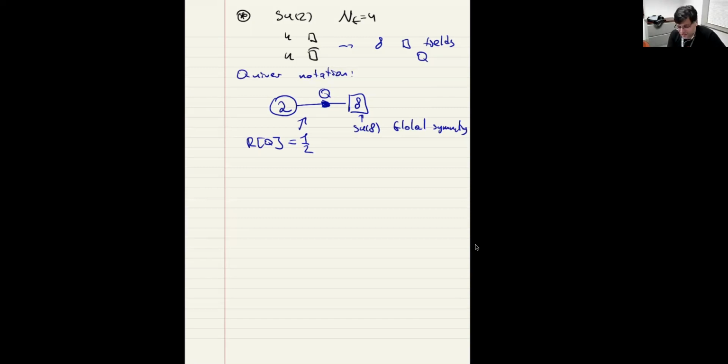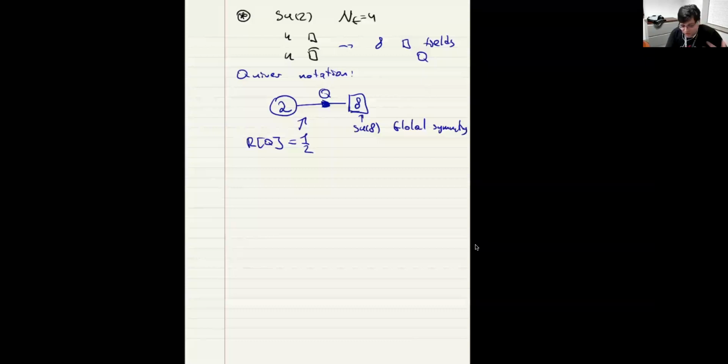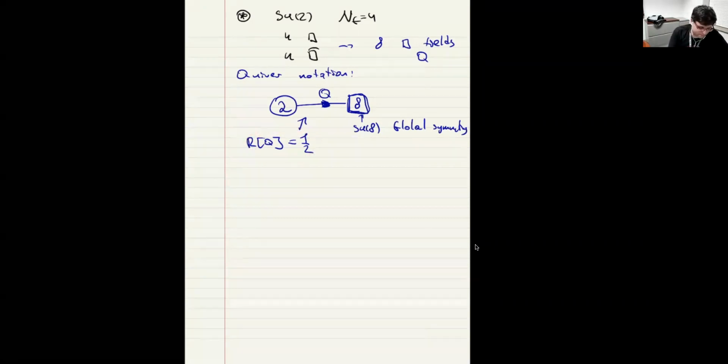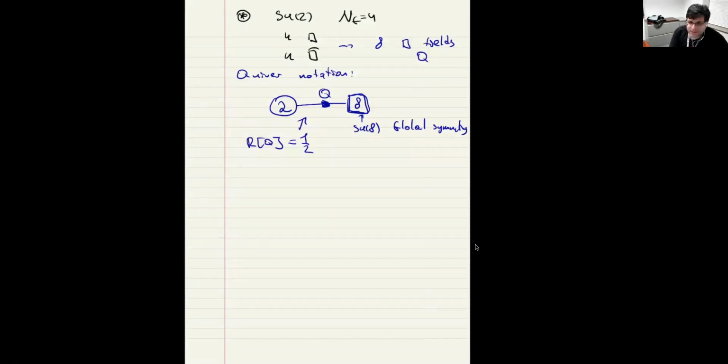But here it's actually very simple, because the only non-anomalous symmetry that this theory has is SU(8). So the only thing you need to find is a non-anomalous R-symmetry, and the only one that you can assign to these fields Q is R of Q being a half. So this is what I want you to know about this simple theory.